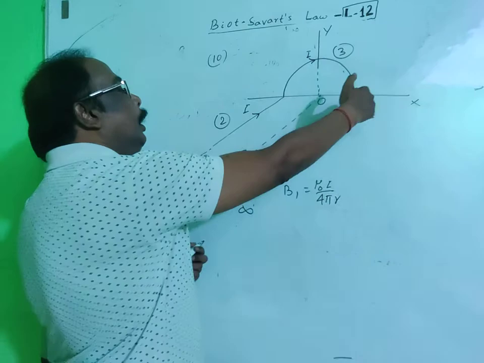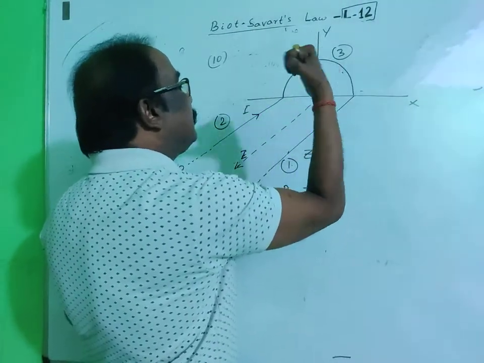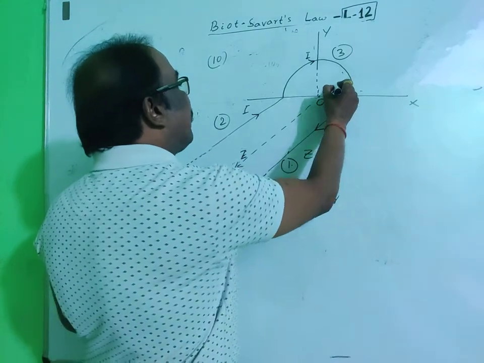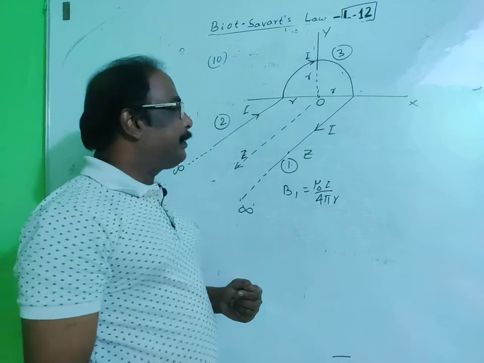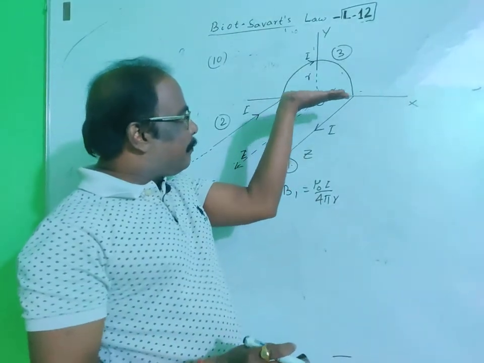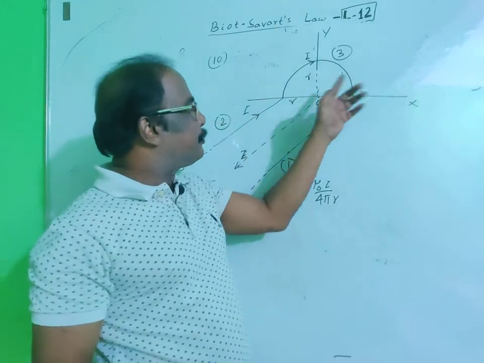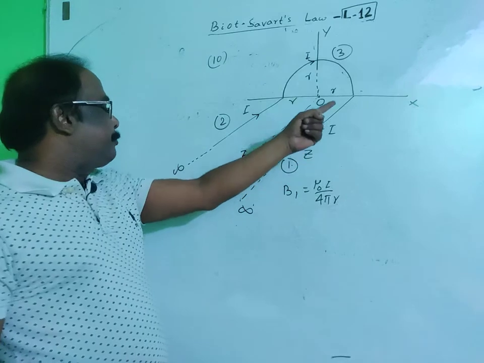See, current is flowing along the z-axis, and this is r. This is also r, the radius of the semicircle, just think. This is the xz plane. This is the x-axis, this is the z-axis.